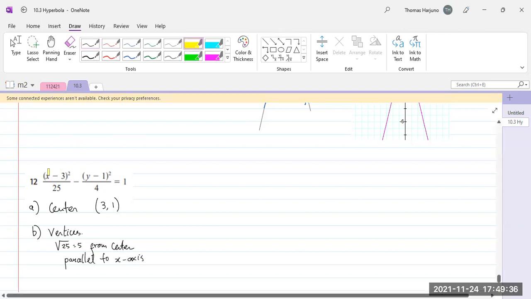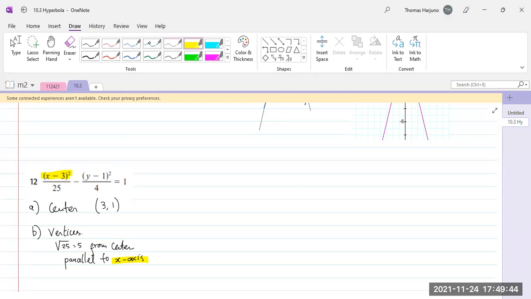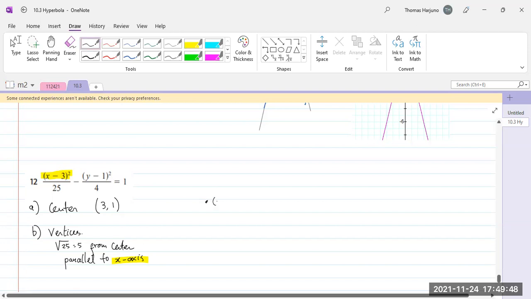Well, because we start from the x terms, right? But we don't start from the origin anymore. So try to imagine it this way. We have 3,1. Now move 5 units to the right, 5 units to the left. What do you get? That will be 8,1 and negative 2,1. Is it right?